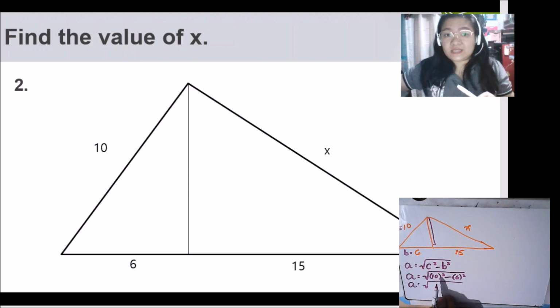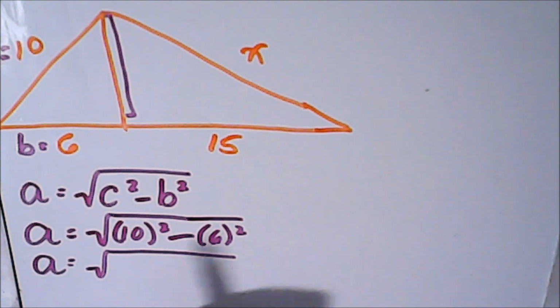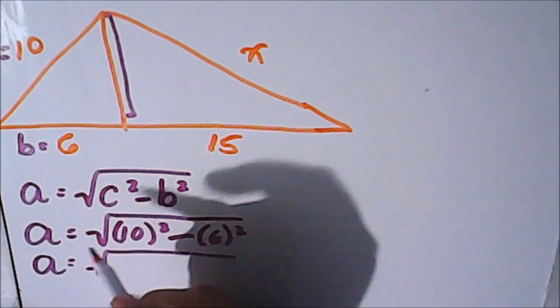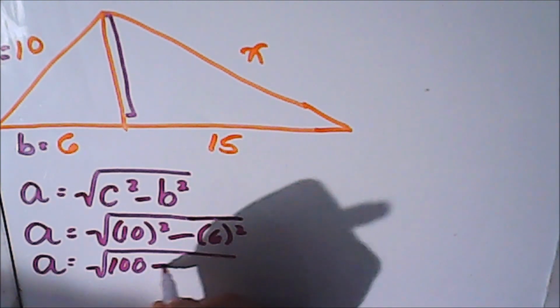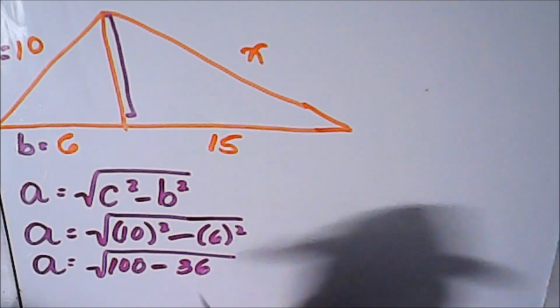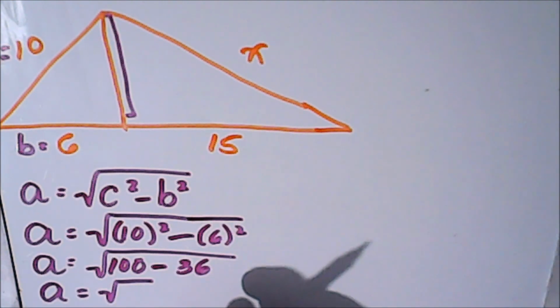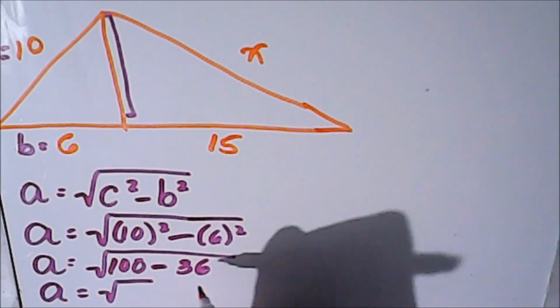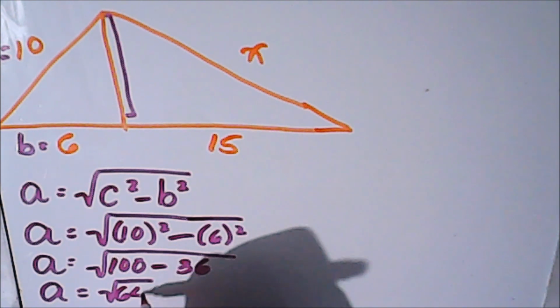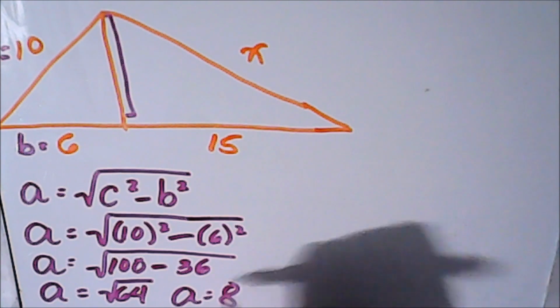10 squared is 10 times 10, so that is 100. Minus 6 squared, so that's 6 times 6, which is 36. So A here is equal to the square root of 100 minus 36. 100 minus 36 is 64, and the square root of 64 is 8.